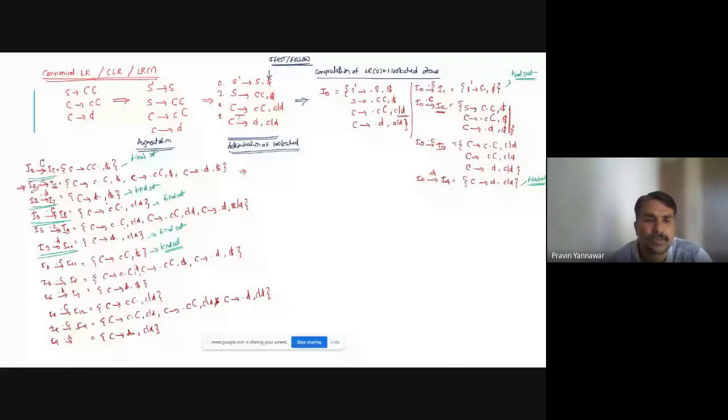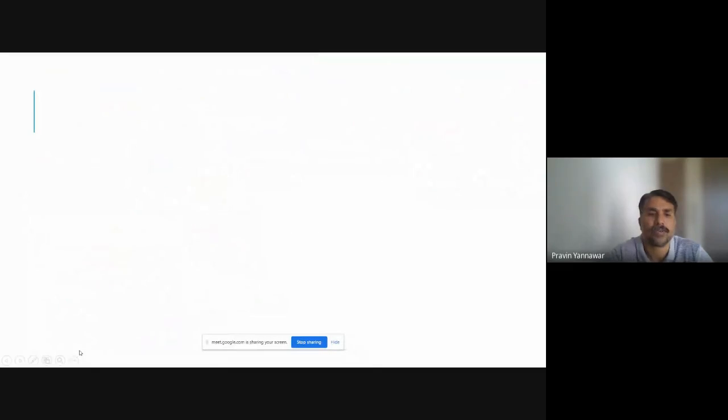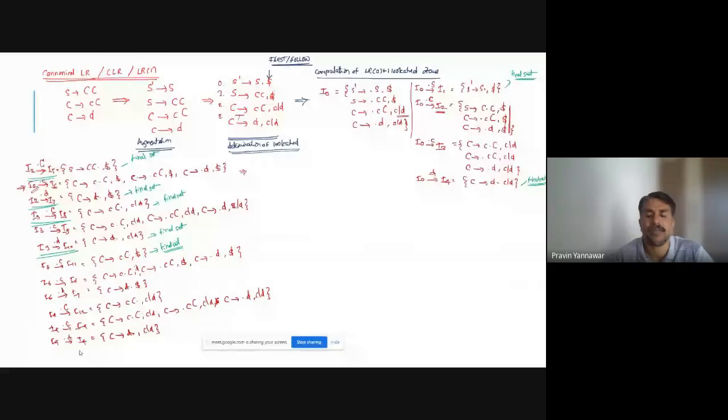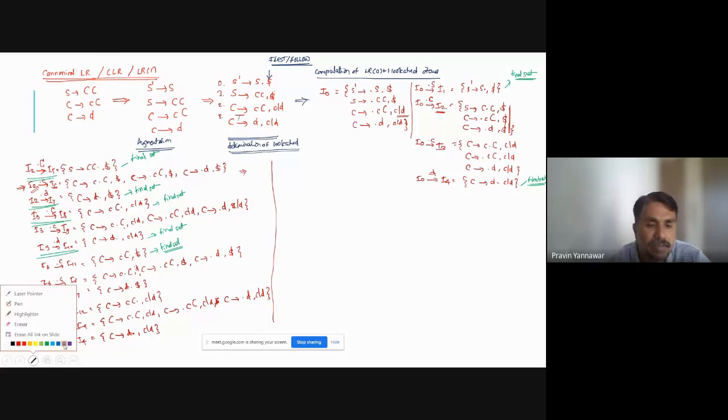C by D is going to be I4, right? So this is going to be I4. So now we don't have any new sets here. So once we have got this, what do we need to do now? Any more idea? Once we finish with this, we need to draw a diagram, right?